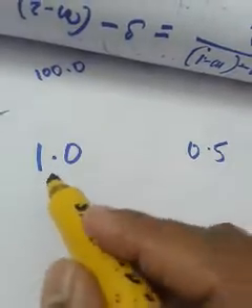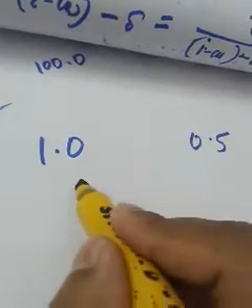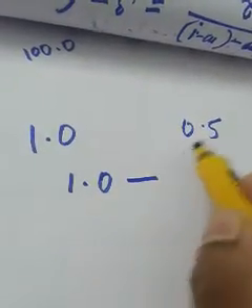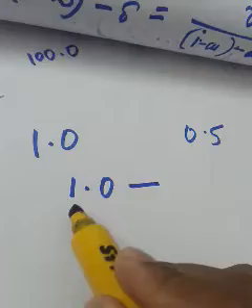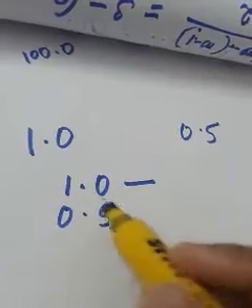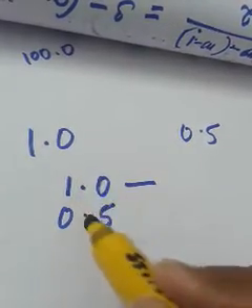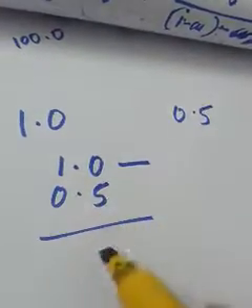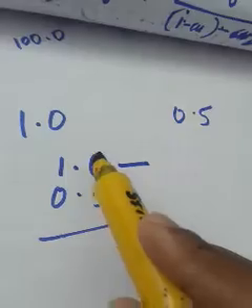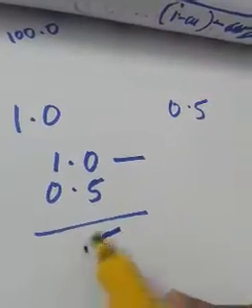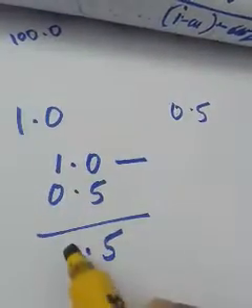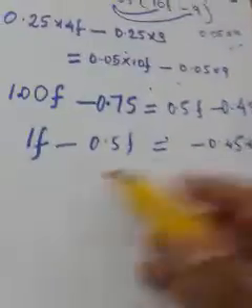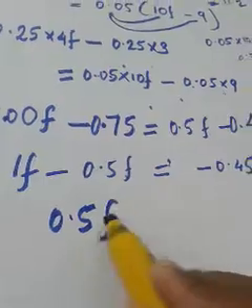Then in order to subtract 1 minus 0.5, what can we do? 1 is nothing but 1.0, minus 0.5. When writing 0.5, the second point must come directly below the first point. Okay, now subtract. 0 minus 5 is not possible. Just borrow 1 from here. So it becomes 10 minus 5 is 5. Then here nothing will remain. 0 minus 0 will be 0. Answer will be 0.5. So in that way we will get the answer of 0.5f.